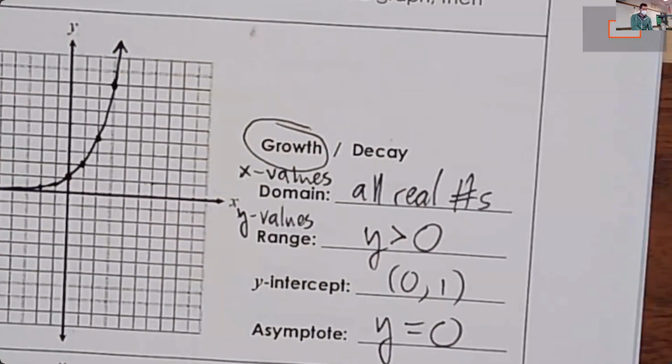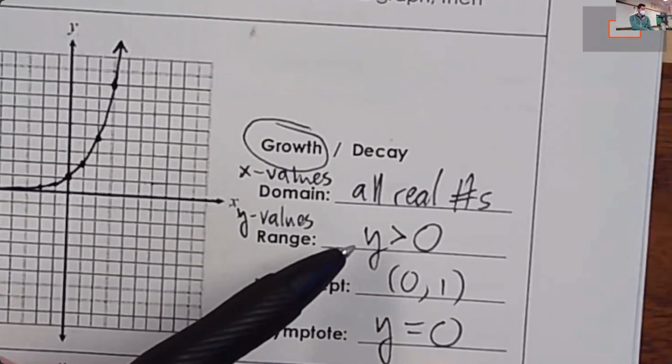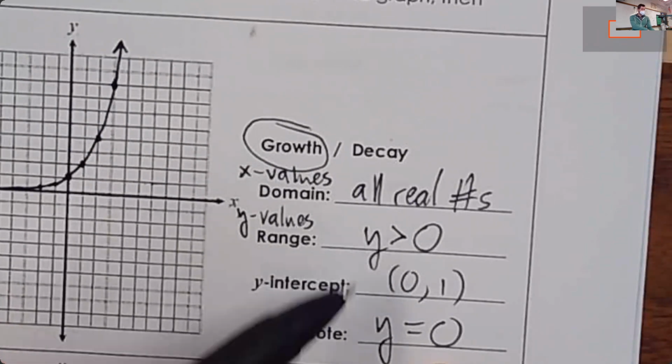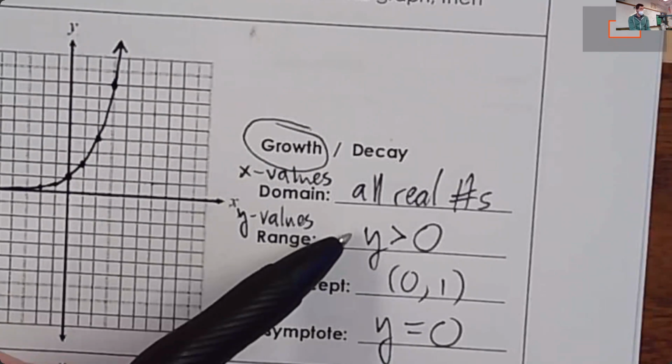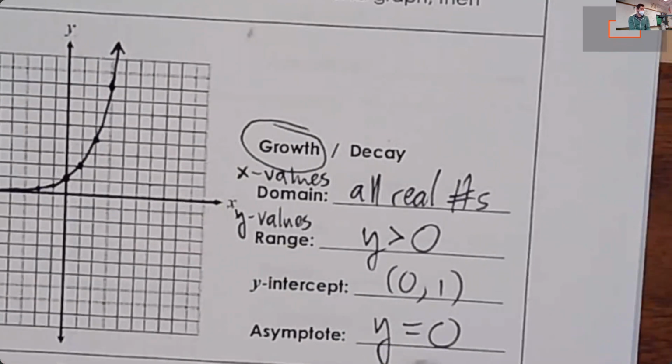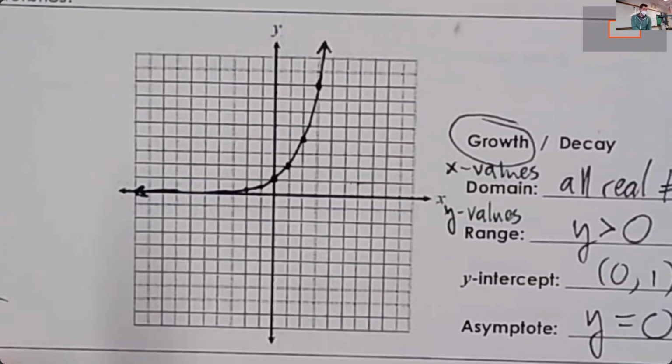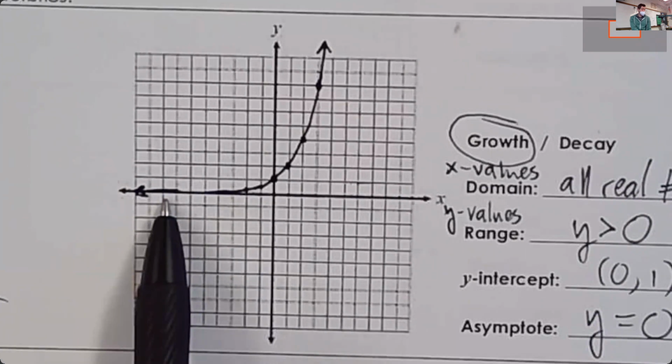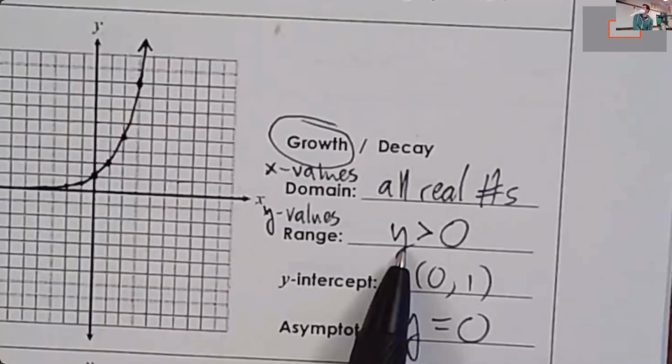Your asymptote and your range are always going to be very closely related. The only difference is it's an inequality for the range and an equal sign for the asymptote. So the asymptote is at y equals 0 because it will get infinitely close to 0, but it'll never actually reach 0. And then all of the range values have to be greater than 0.